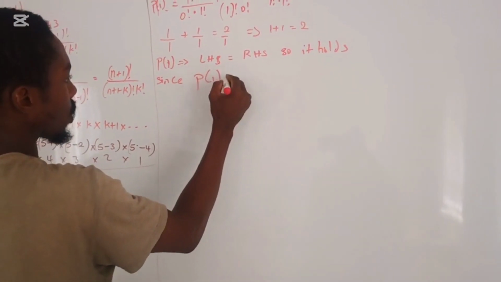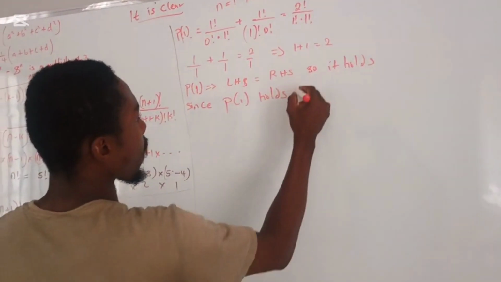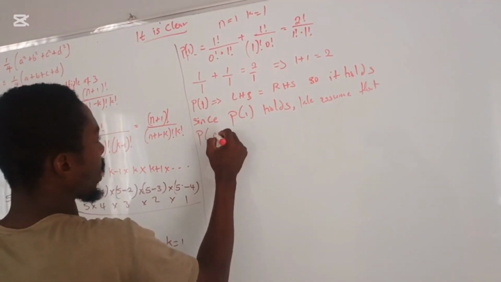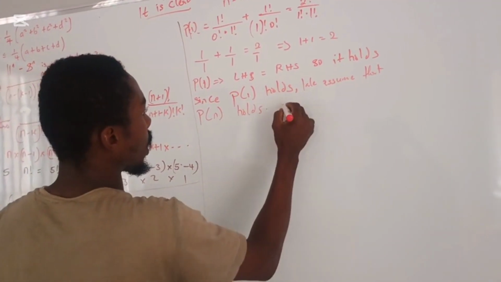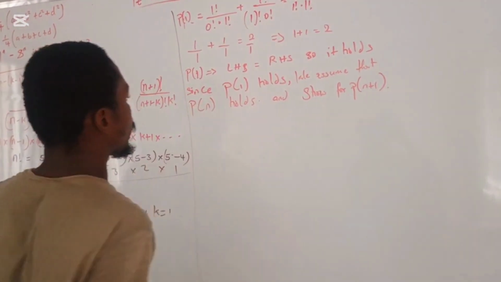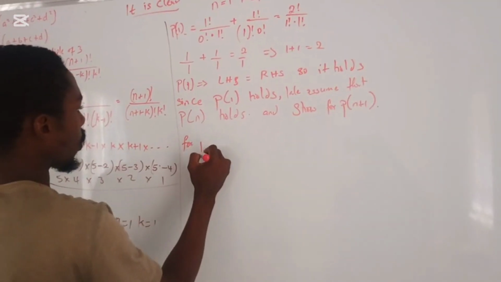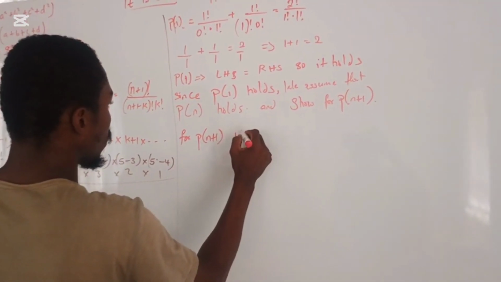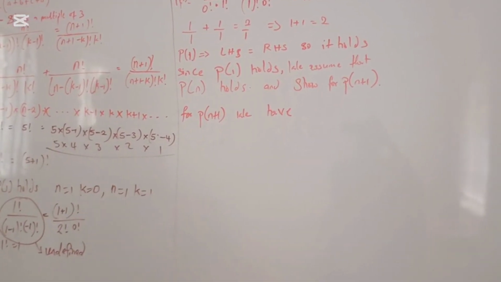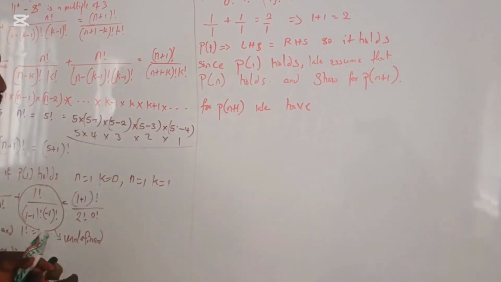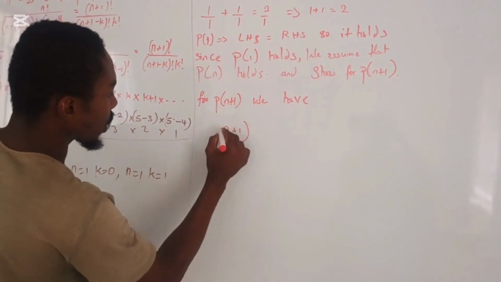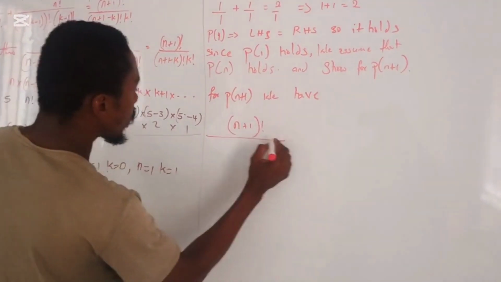Since P of 1 holds, we assume that P of n holds and show for P of n plus 1. So now, for P of n plus 1, we have n plus 1 factorial all over.